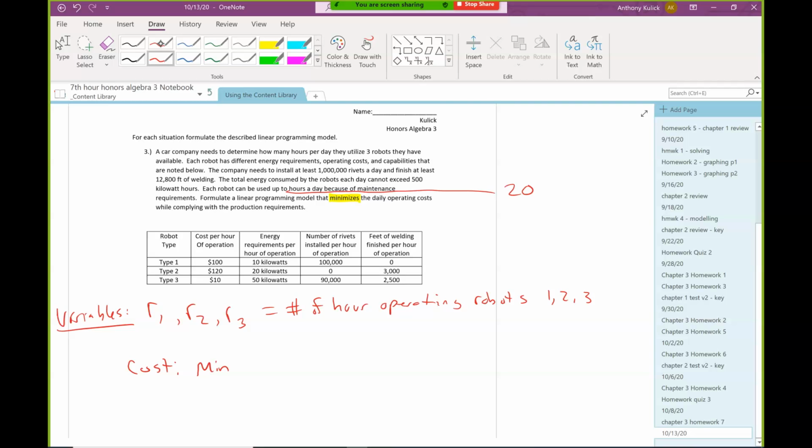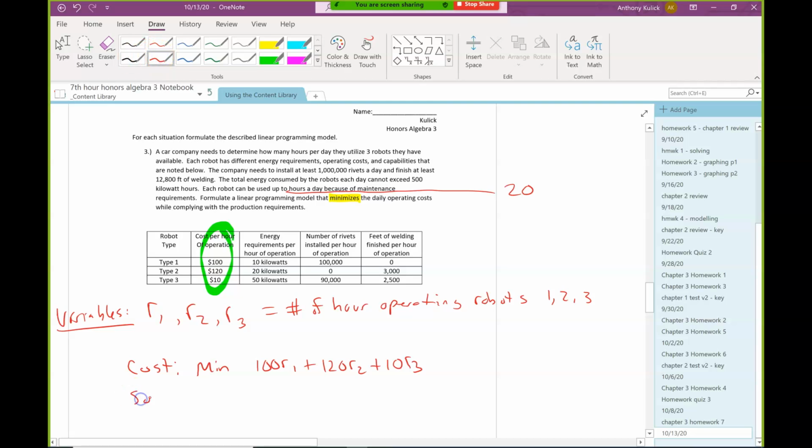The cost. So how would I calculate the cost of operating these machines? Amy? Good. And where she got those numbers was from the table, looking at the cost of operation per hour for each of the 3 robots. Everybody's okay with that? Okay.